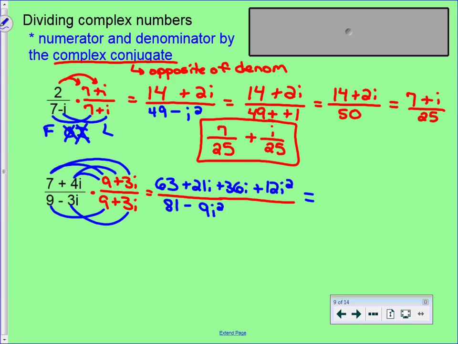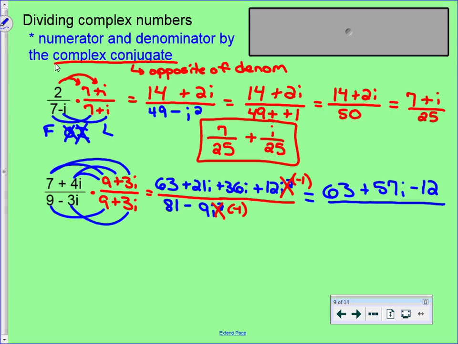Our middle is still going to have a 63 added with now our 57i. And again, this i squared is actually a negative 1. We multiply that with our 12, so we actually have a minus 12 at the very end. In my denominator, I have another i squared, so in this case, it's like multiplying by another negative 1.